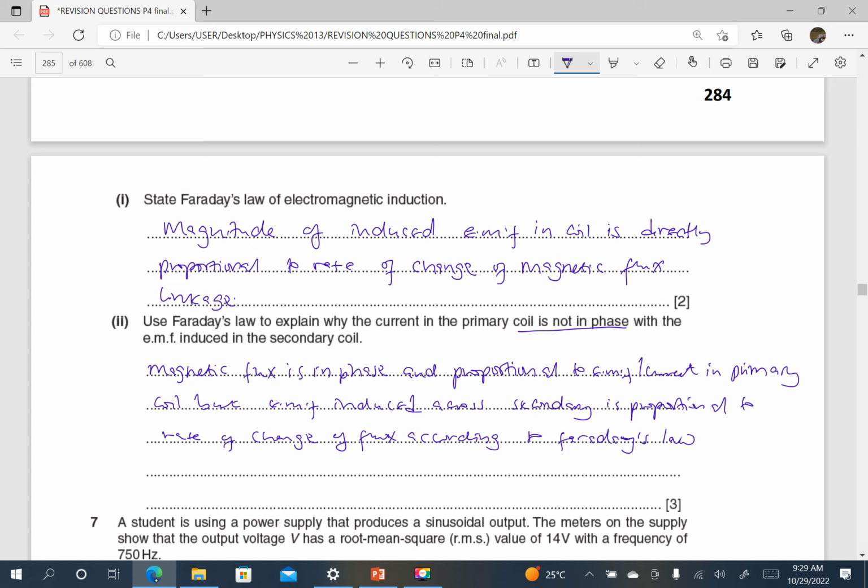So the EMF, because when the magnetic flux is maximum, the rate of change is zero. And when the flux is zero, the rate of change is maximum.